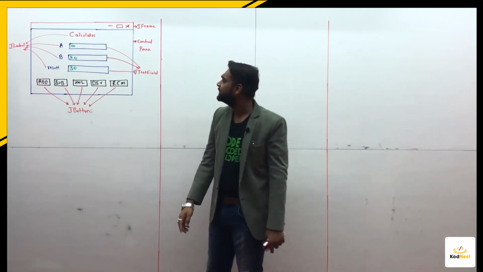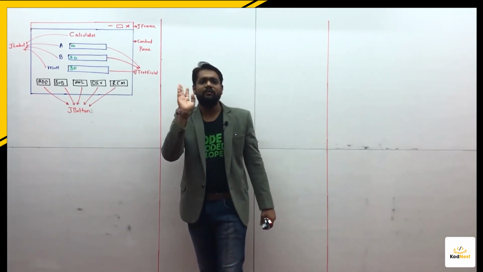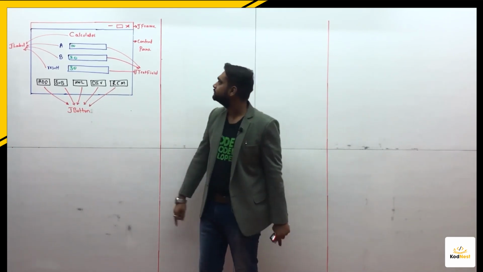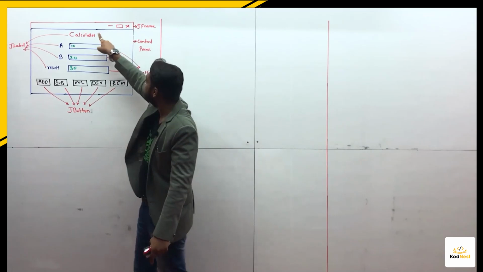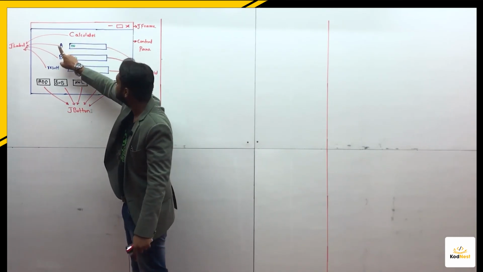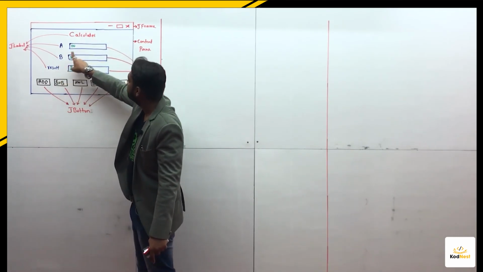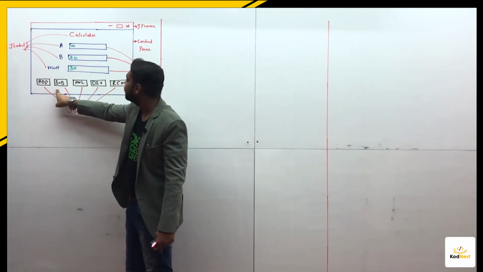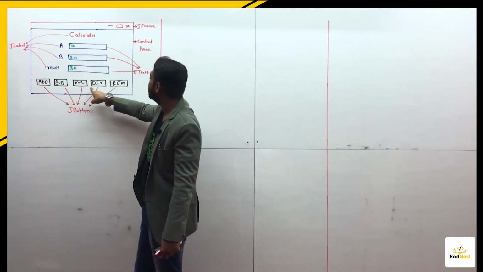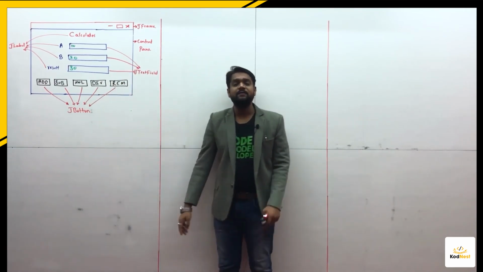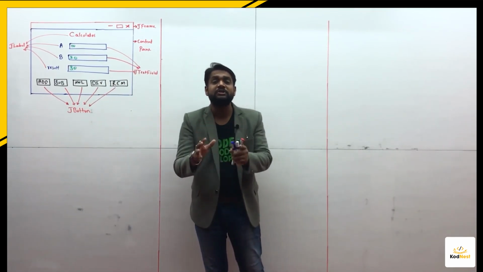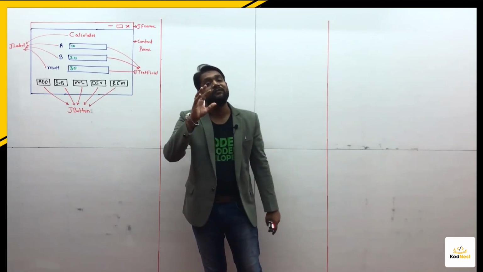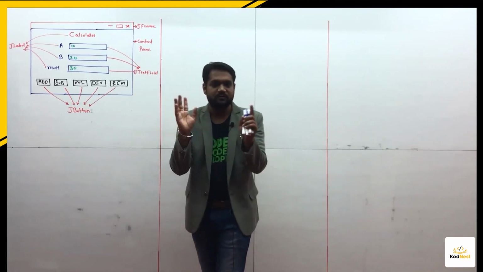If you see, we will keep 4 lines of code for each component. 4, 8, 12, 16, 20, 24, 28, 32, 36, 40, 44, 48, 52. Approximately 52 to 60 lines of code you have to write. This is one approach.